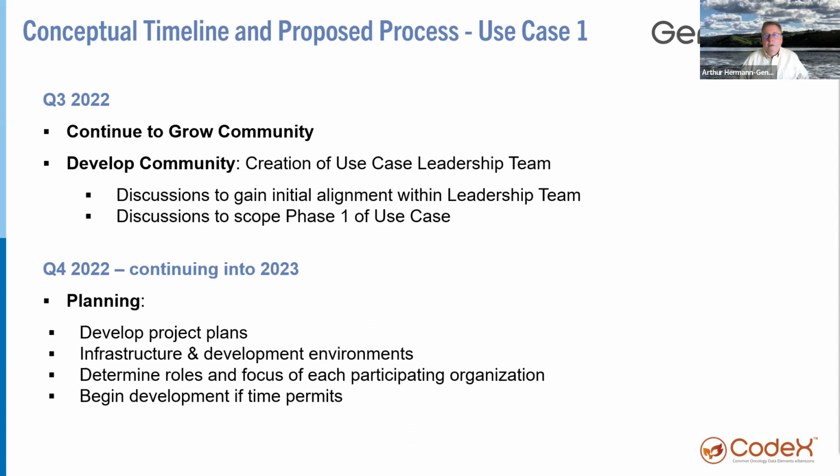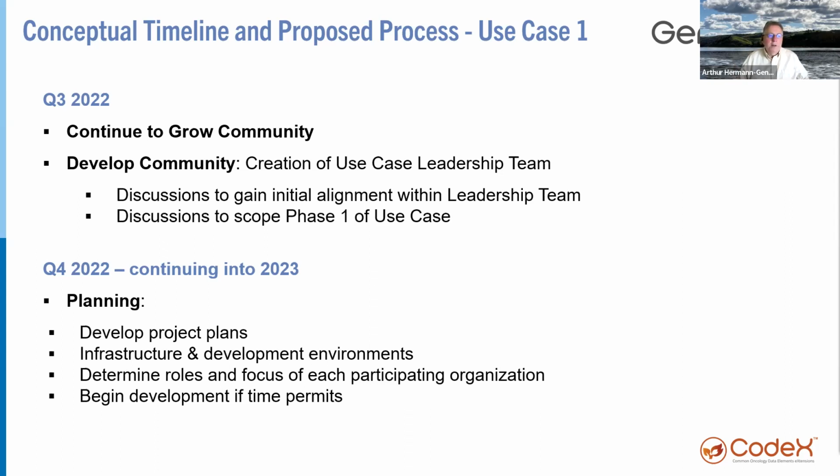We actually have to create the use case leadership team for each of those teams, and they can begin to gain their initial alignment and begin to scope out the specific use case. So within use case 1, scope out what they want to do in phase 1 of that use case.